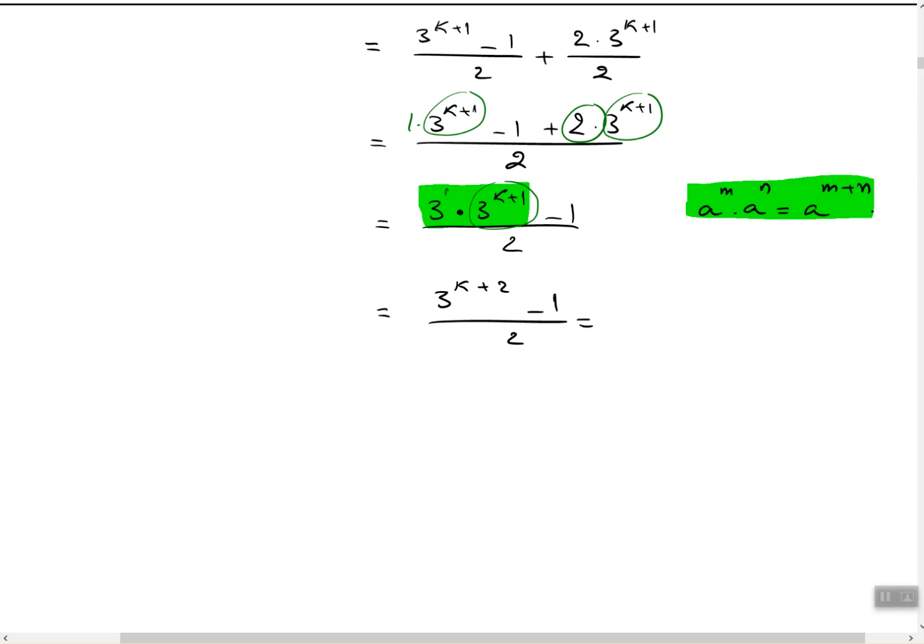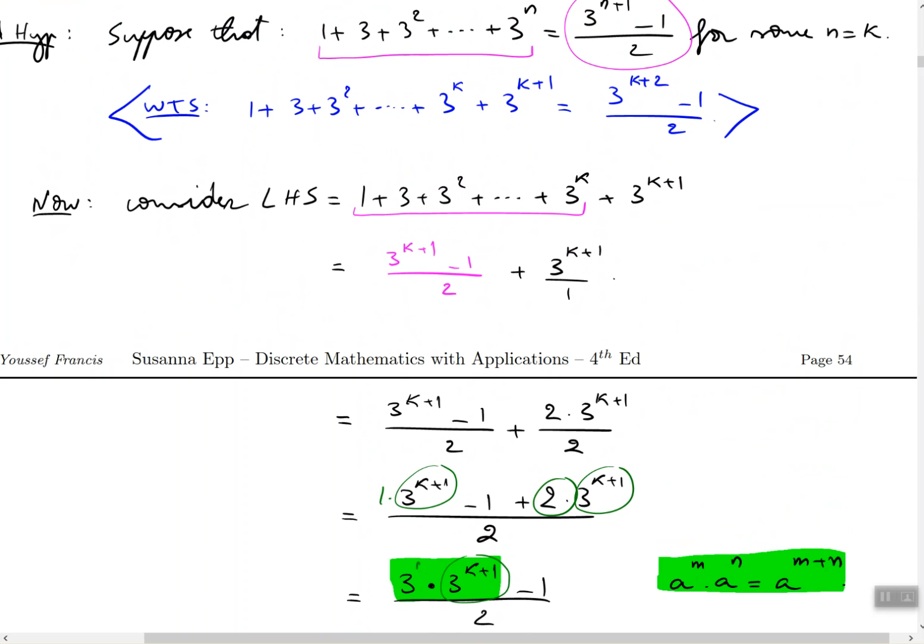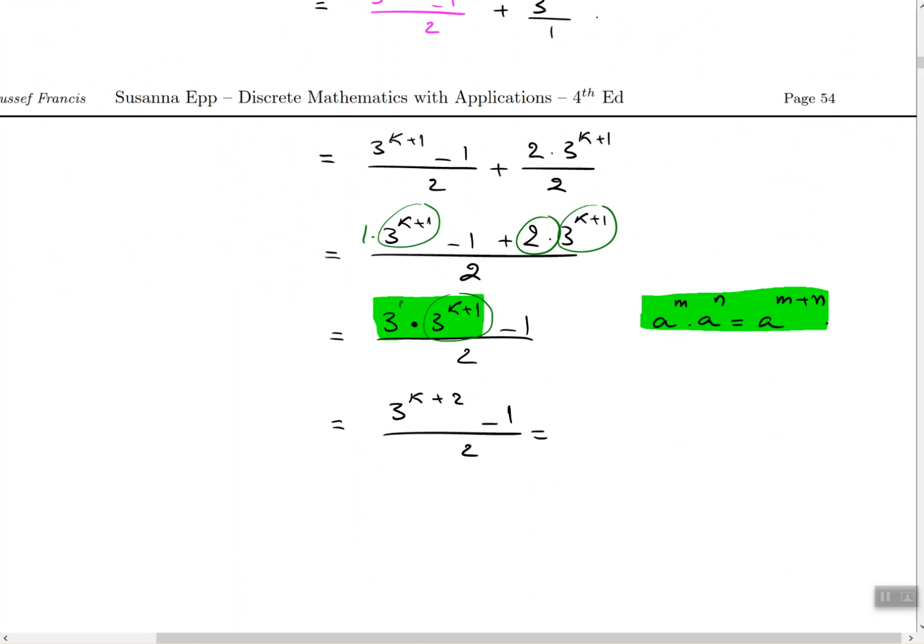If I am remembering correctly, if I scroll back a little bit, this is exactly what I wanted to show. So that's the right-hand side. It came out. So I'm going to write right-hand side, which is what we wanted. And that's the end of the proof.